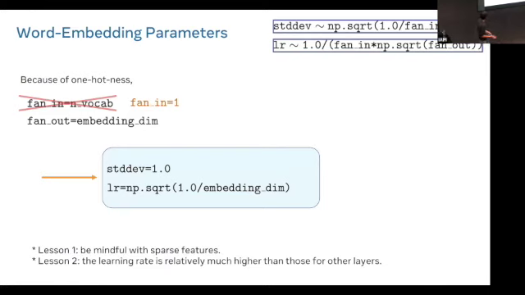One is that you should be very mindful with sparse features. Not only for transformers, but for any network that deals with sparse features, you should always be careful with what fan-in means. Lesson 2 is that the learning rate so far up to this slide has been the embedding dimension to the cube inside the square root, but here there's no cube.